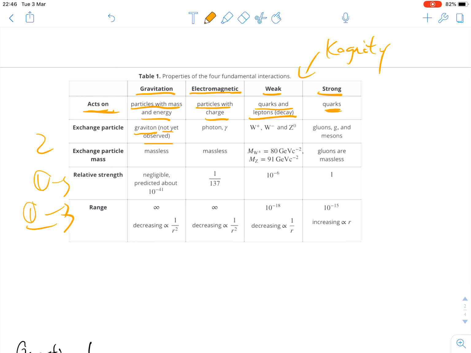For electromagnetic charges, the exchange particle is the photon. What that really means is that when electrons are interacting with each other, they're sort of firing photons as they exchange with each other.